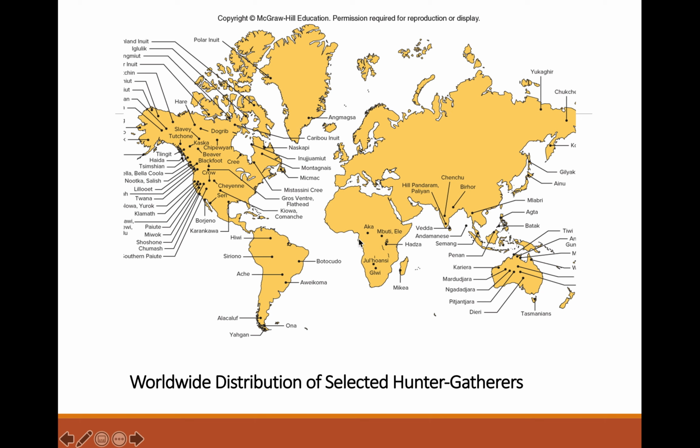We've got this equatorial region across Africa. We've got the southern Kalahari Desert. In South America, we've got mostly forested regions, right? We've got multiple groups here in Brazil, in Peru, in Venezuela, etc. We've got the Ache in Paraguay. We've got some groups down in southern Argentina and Chile.